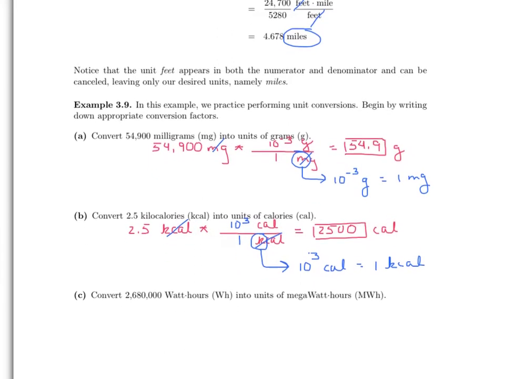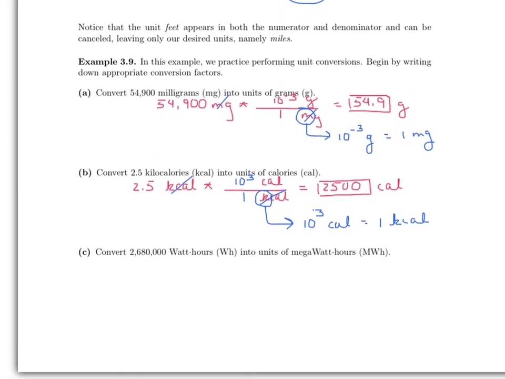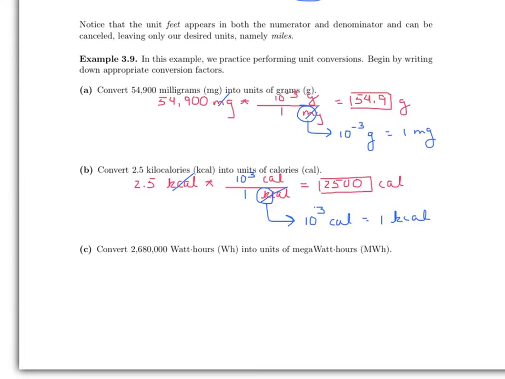Let's work another example. In this example, we want to convert 2,680,000 watt-hours, abbreviated WH, that's a certain amount of energy, into units of megawatt-hours, abbreviated MWH.